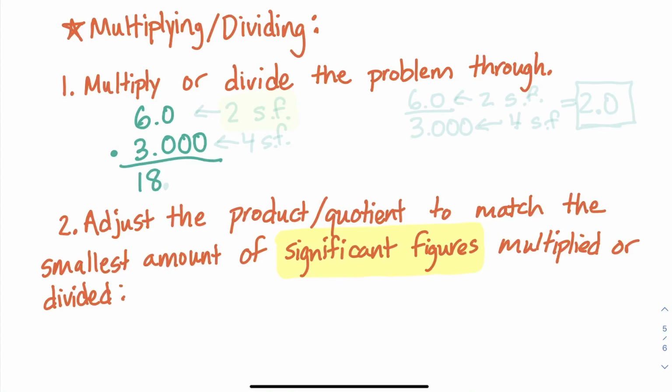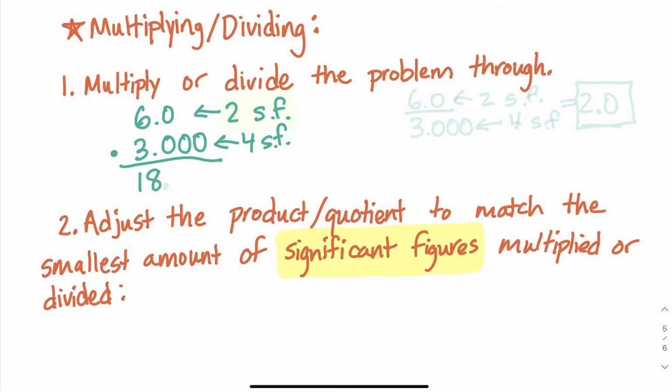In this case, instead of the decimal points, we realize that there are significant figures. Just as a review, this 6.0 has 2 significant figures because the 0 trails a non-zero digit and is to the right of the decimal point, and this 3.000 has 4 significant figures because all of these zeros trail a non-zero digit to the right of a decimal point.